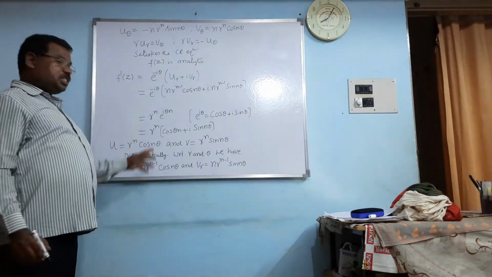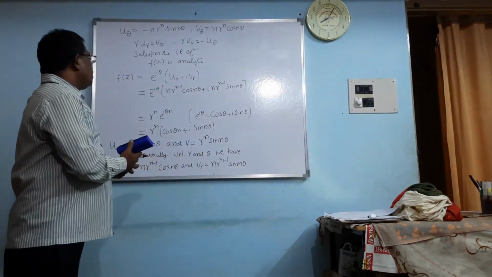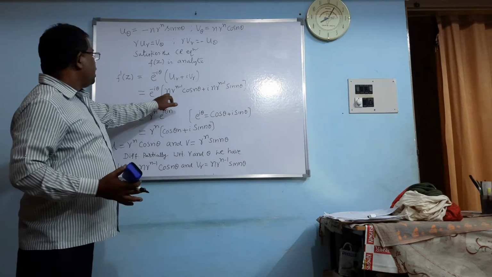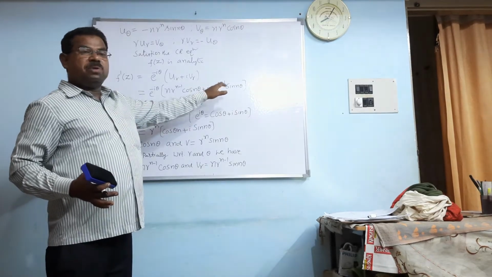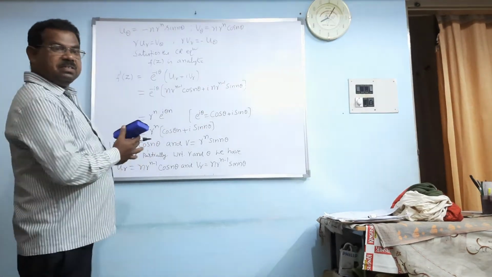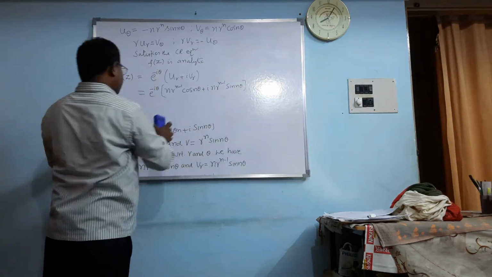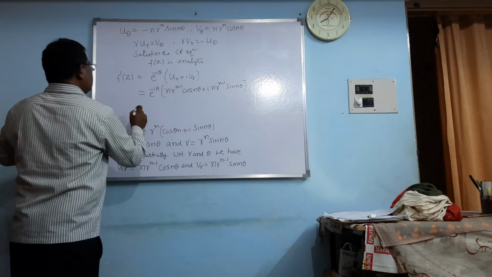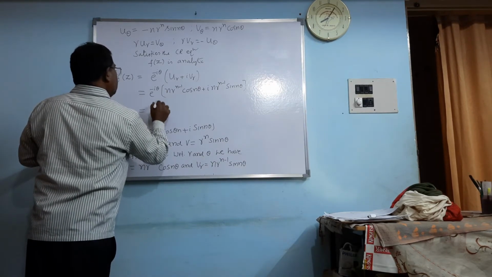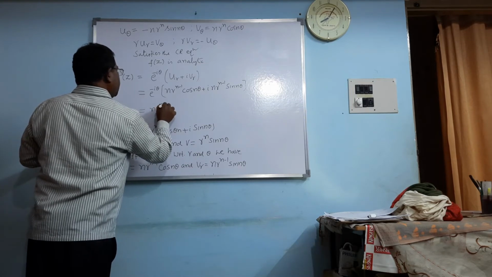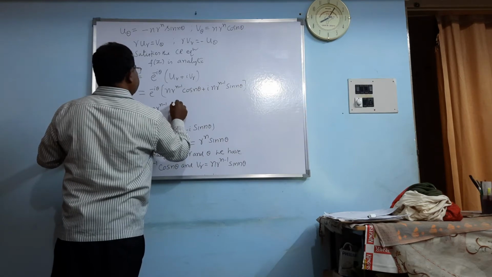Here, observe this function. n into r to the power of n minus 1 appears in both terms, so it is a common factor. Take it common, along with e to the power of minus i theta.